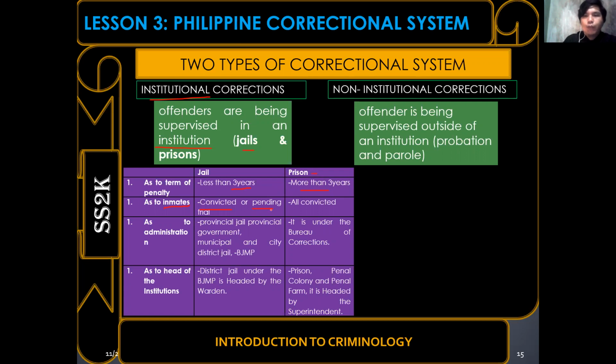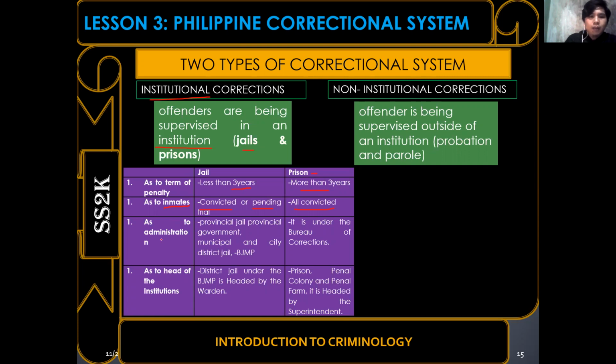Yung awaiting final judgment, hinihintay yung verdict or yung pagbasa ng decision ng korte. Okay? Yan. Sa prison, all convicted offenders ang pwedeng makulong doon. Mga convicted na, nahatulan na. Okay? Samantala sa jail, may nahatulan, may hindi nahatulan, may naghihintay ng judgment.